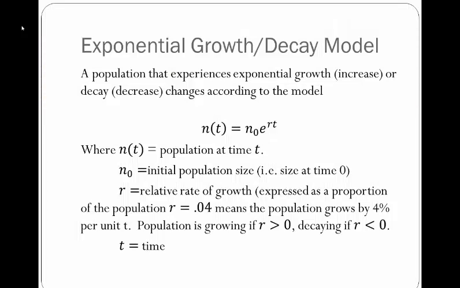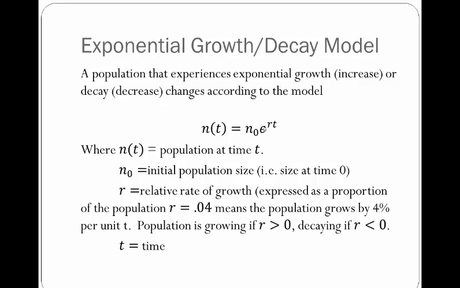So, a population that experiences exponential growth or decay, we've teased this for quite a while, changes according to this model, where N equals the population, N sub 0 is the initial population, r is the relative rate of growth. It's growing if r is positive, it's decaying if r is negative.